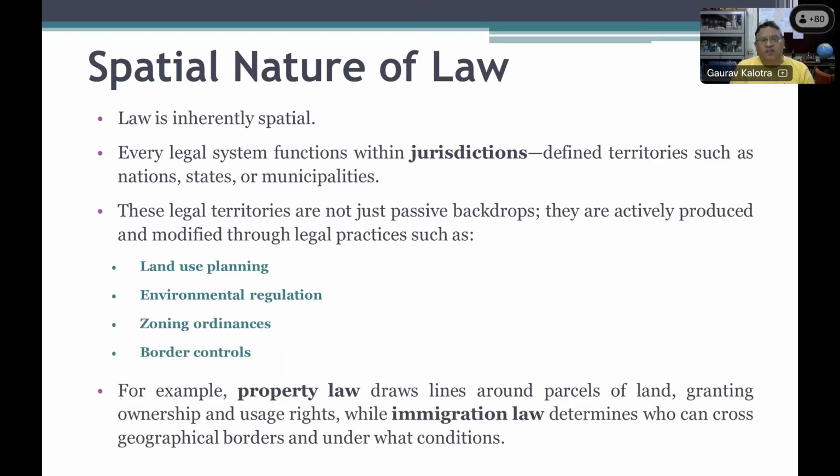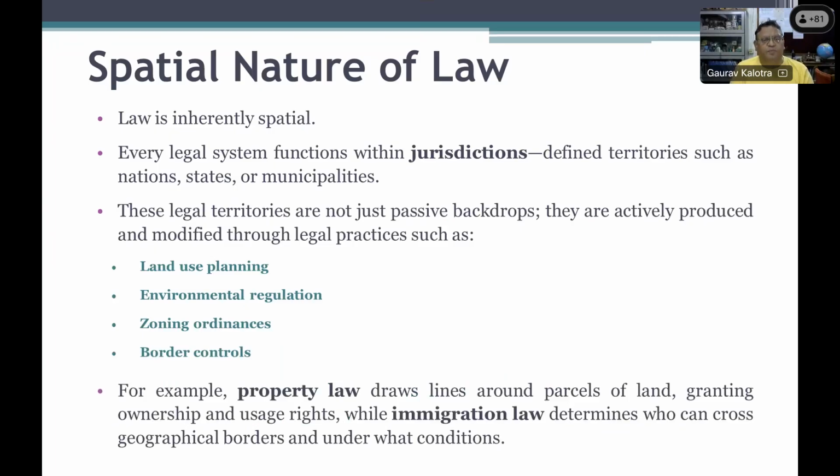Now, the spatial nature of law, how law is spatial. Law is inherently spatial. When we talk about spatial, we are talking about space. Every legal system functions within jurisdictions, defined territories such as nations, states, or municipalities. These legal territories are not just passive backdrops.